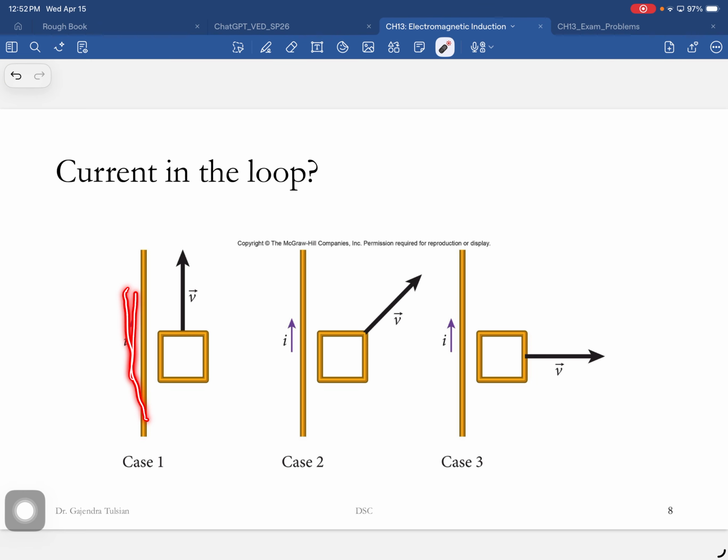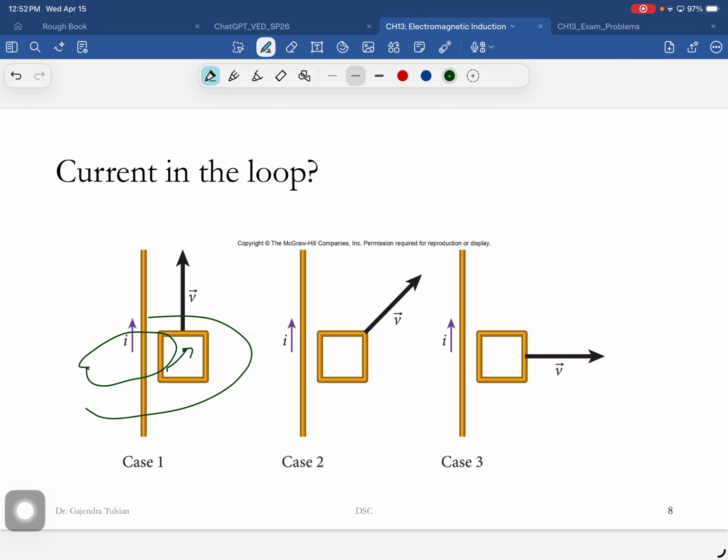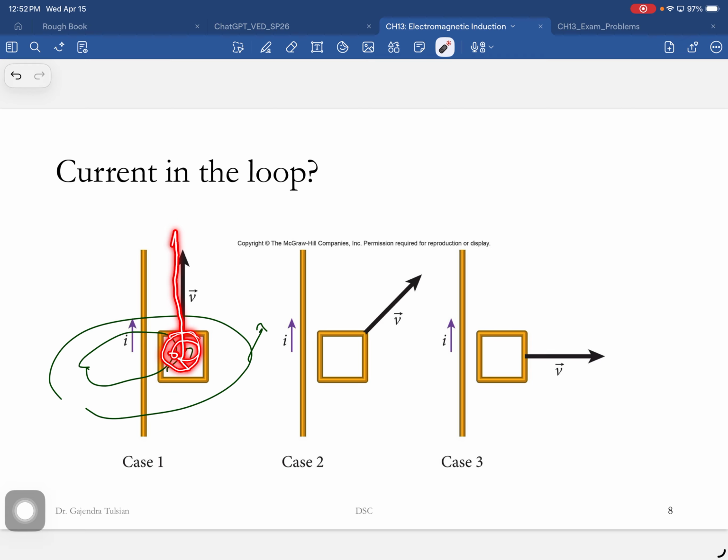Here, if you pass a current through this wire, it's producing a magnetic field like that. Remember, you stick your thumb out in the direction of the current, and your fingers point in the direction of the magnetic field. So this will produce magnetic fields like that. And the strength of the magnetic field decreases the further out you are. So if you move this loop like that, the flux through this thing won't change, and no current will be induced.